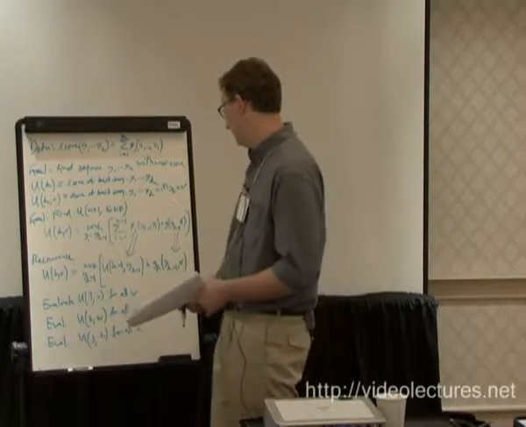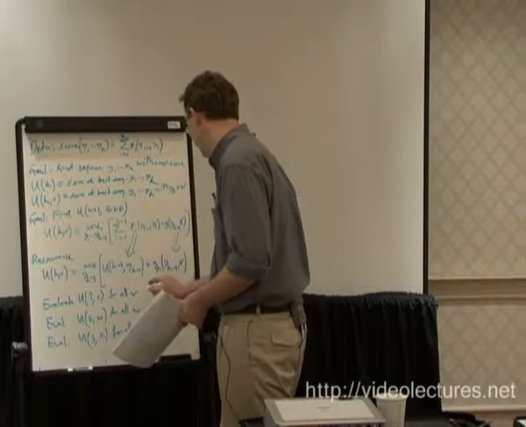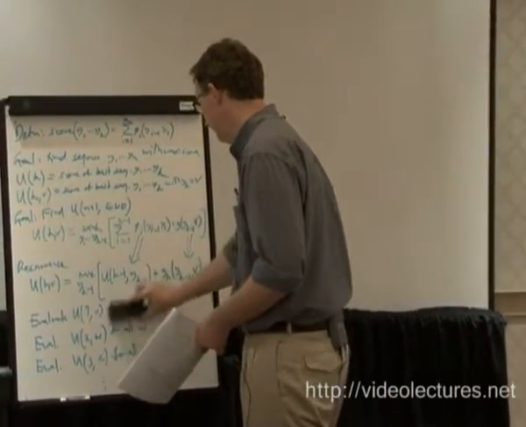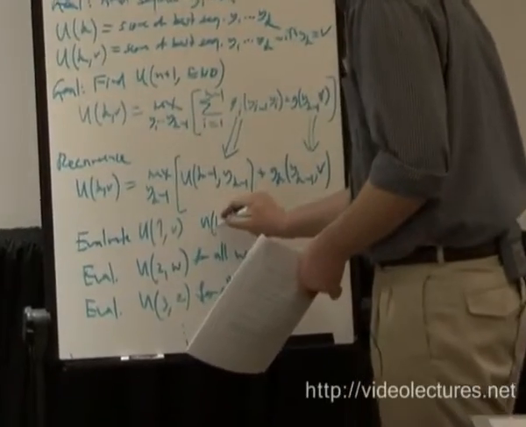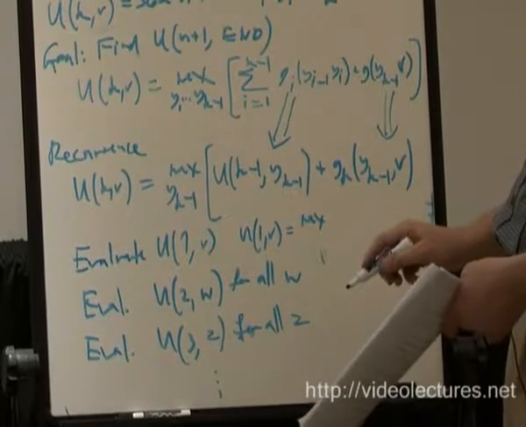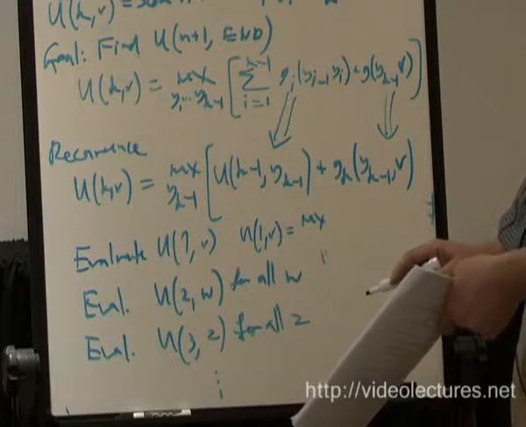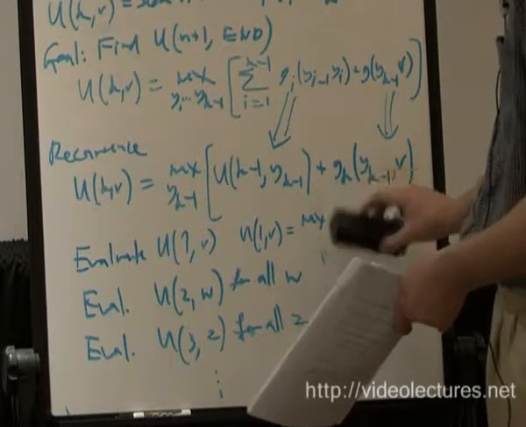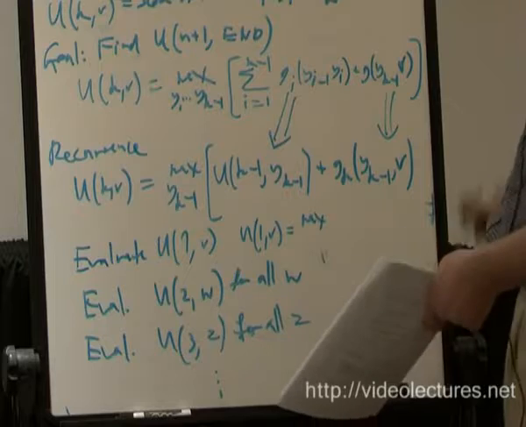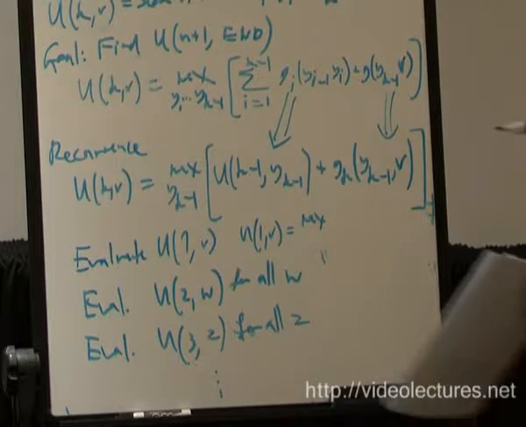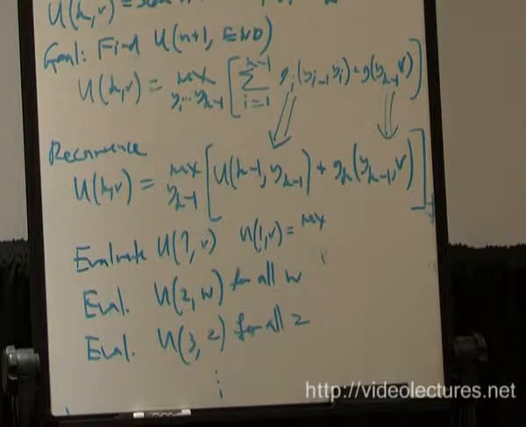And this base case here, U of 1 comma V is the max over... I'm trying to think, is the base case for U1 or U2?